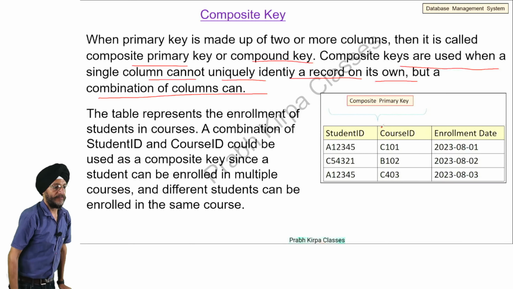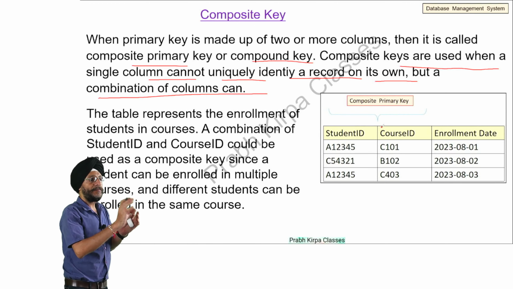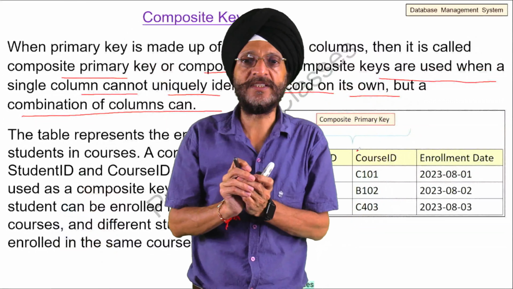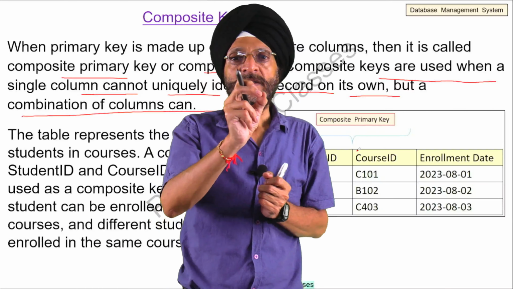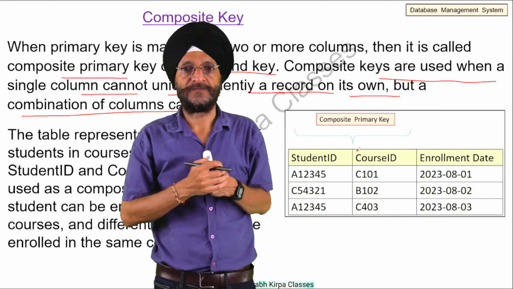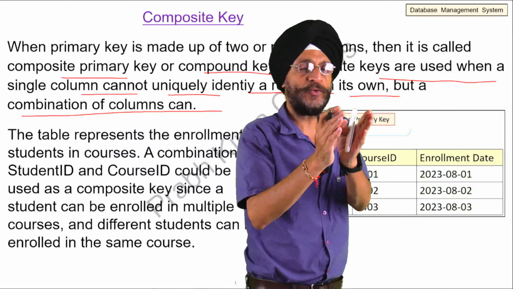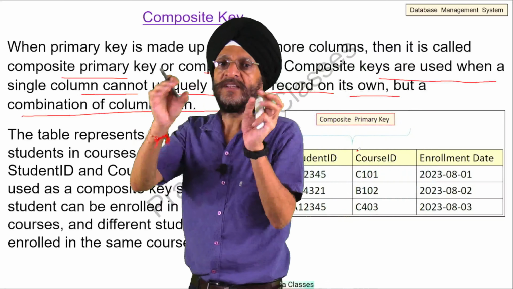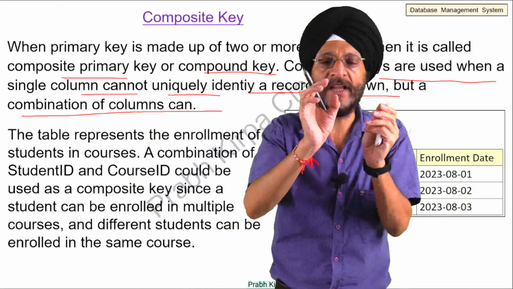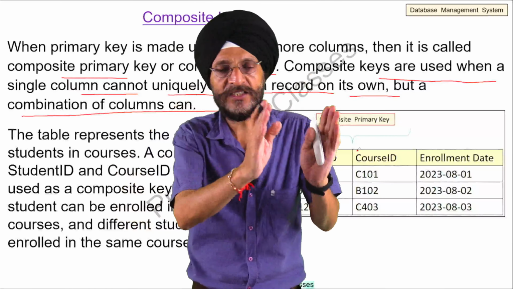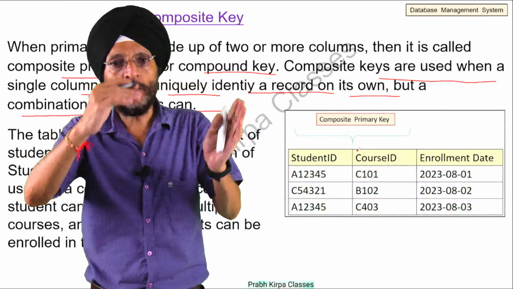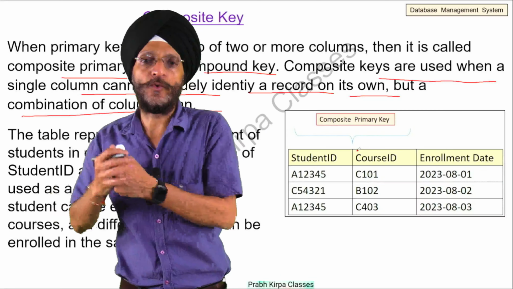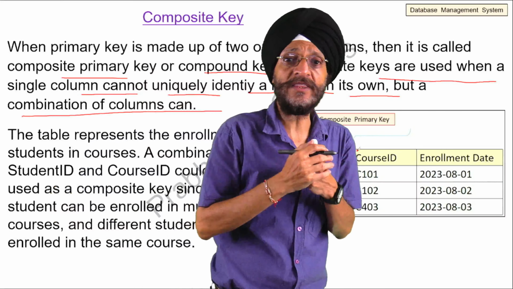Because there may be instances that in a particular organization, a particular student may be studying different courses. Suppose an educational institution is offering different types of courses, and there is no restriction that a particular student can join only a single course. A single student can enroll himself or herself in many courses.